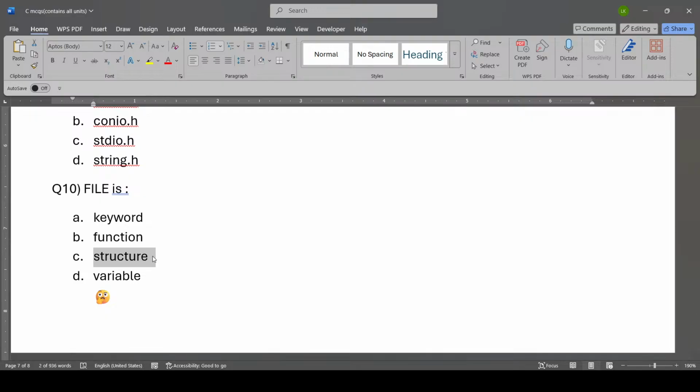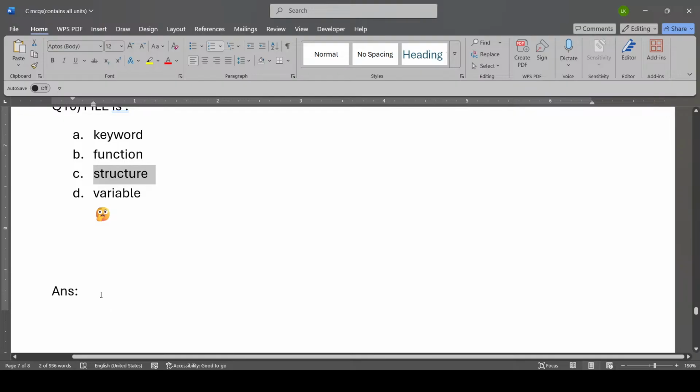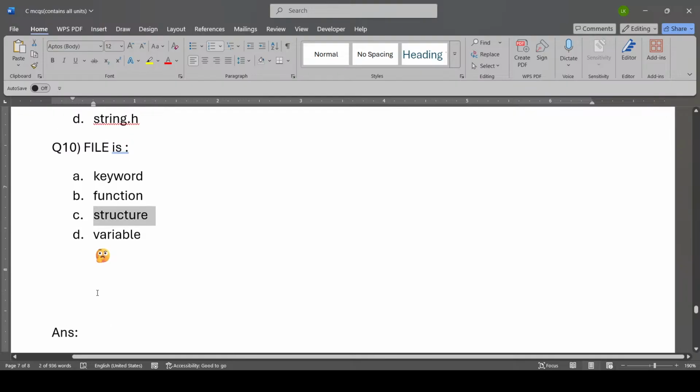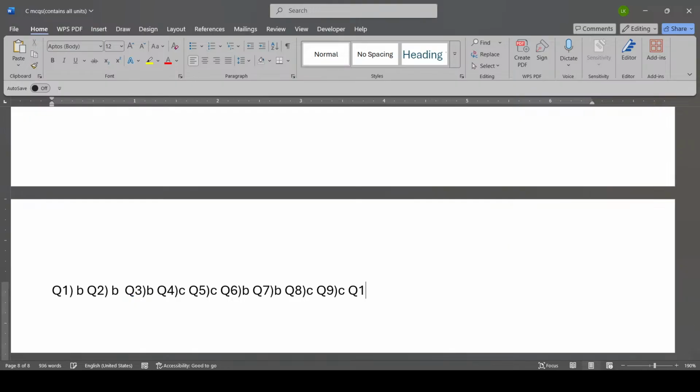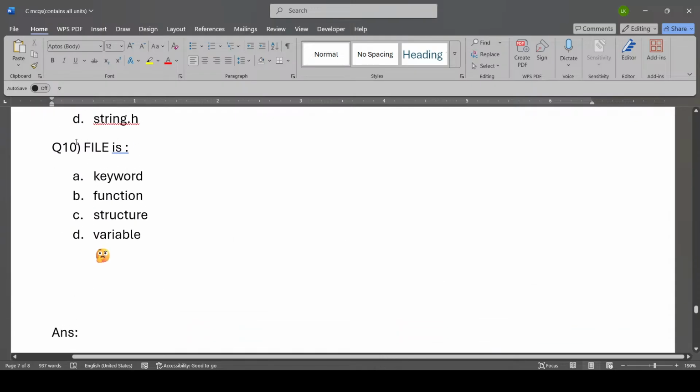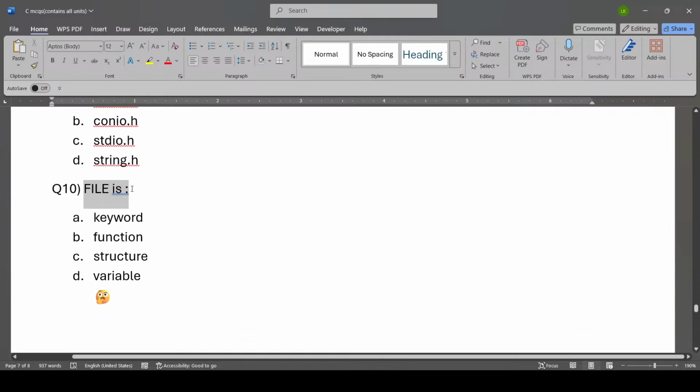When we write a file pointer variable, it means we use the data file, which is of structure type. Indirectly, FILE is associated with a structure, not a keyword, function or variable. So the right answer to question 10 is C. It was once asked in a board exam, so be careful whenever you answer this one.